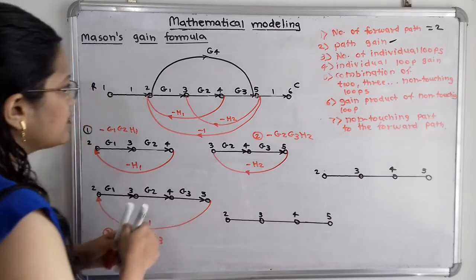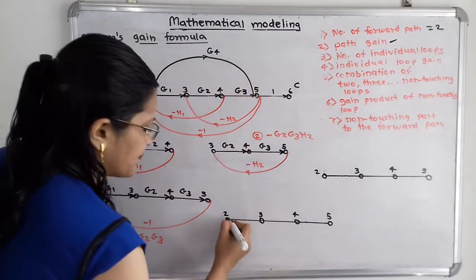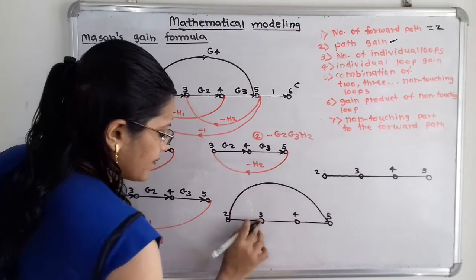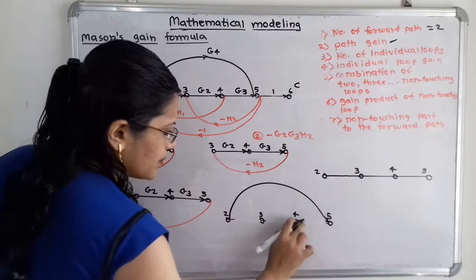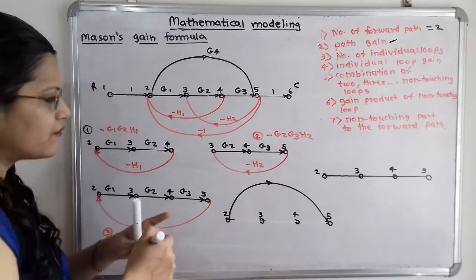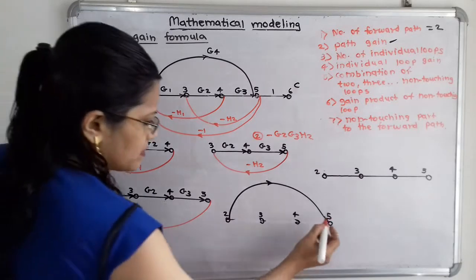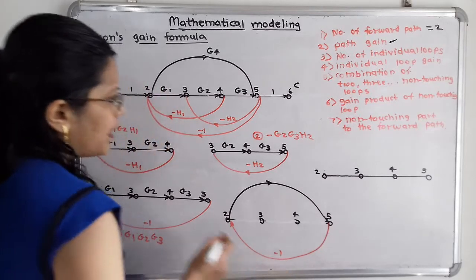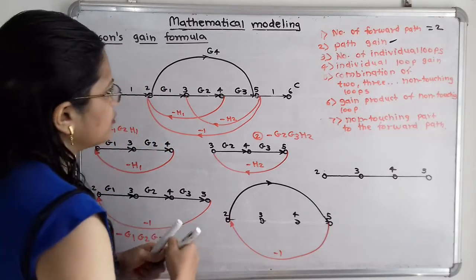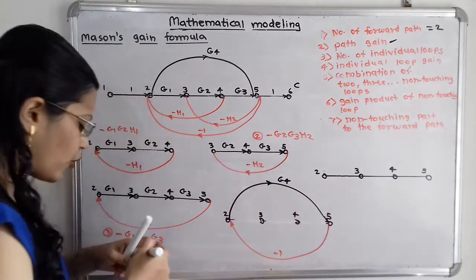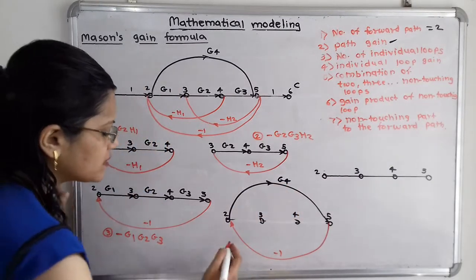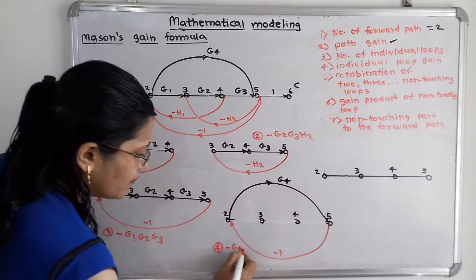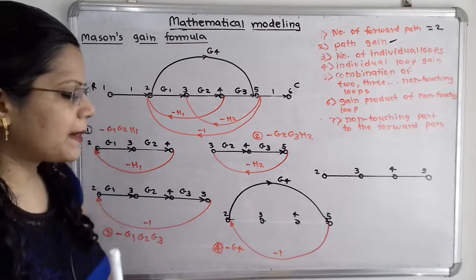I will show here from node 2 to 5 this is the forward path, so I will remove this, and again from 5 to 2 there is the feedback path with gain minus 1, and the forward gain here is G4. So this is the fourth loop. For this fourth loop, what is the loop gain? That is G4 into minus 1, that is minus G4. So this loop is getting completed.